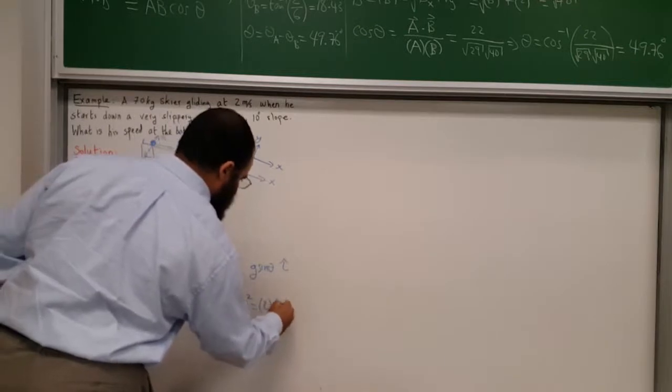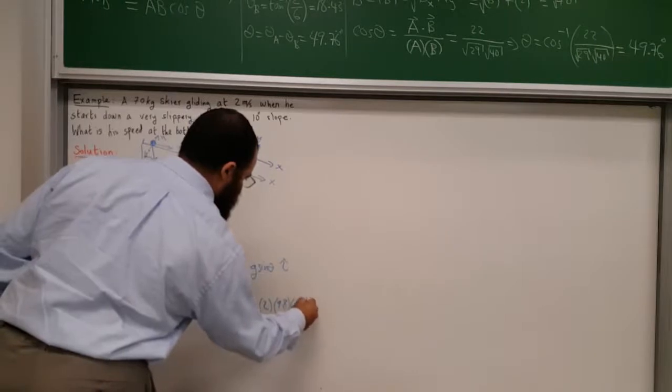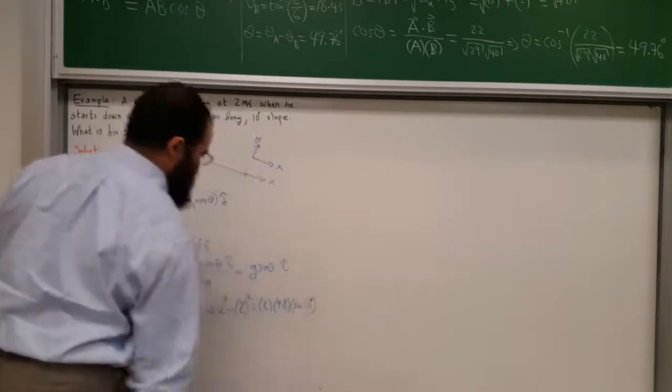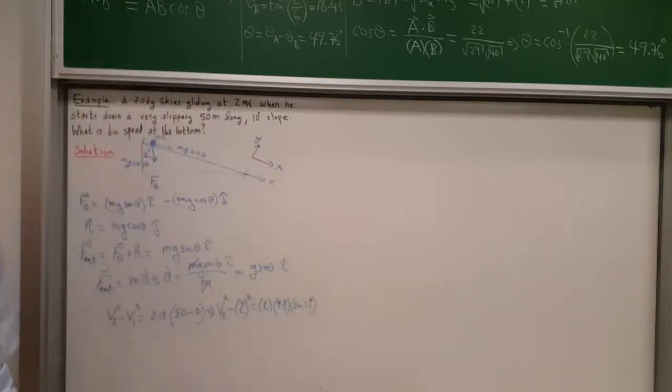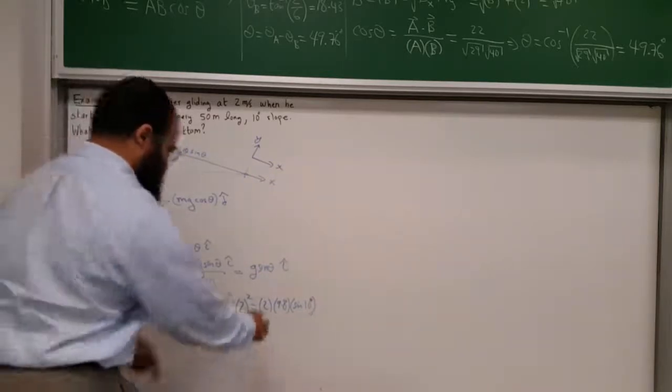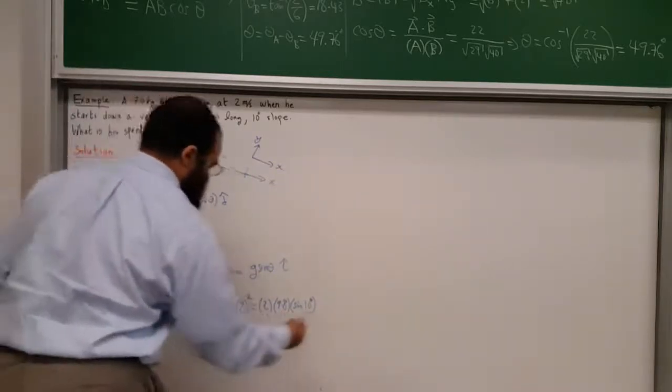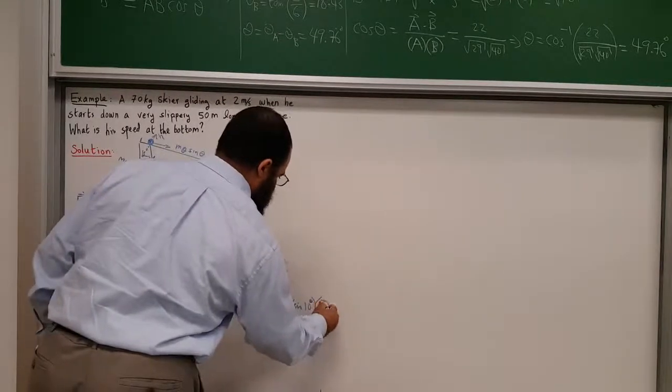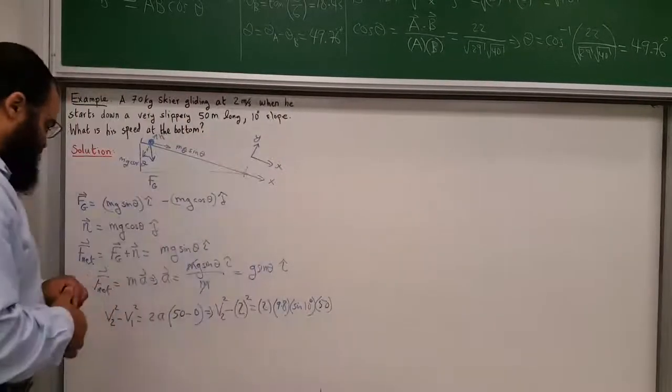So 9.8 times the sine of 10 degrees, times 50. That's 2a times the 50, and so you get the speed.